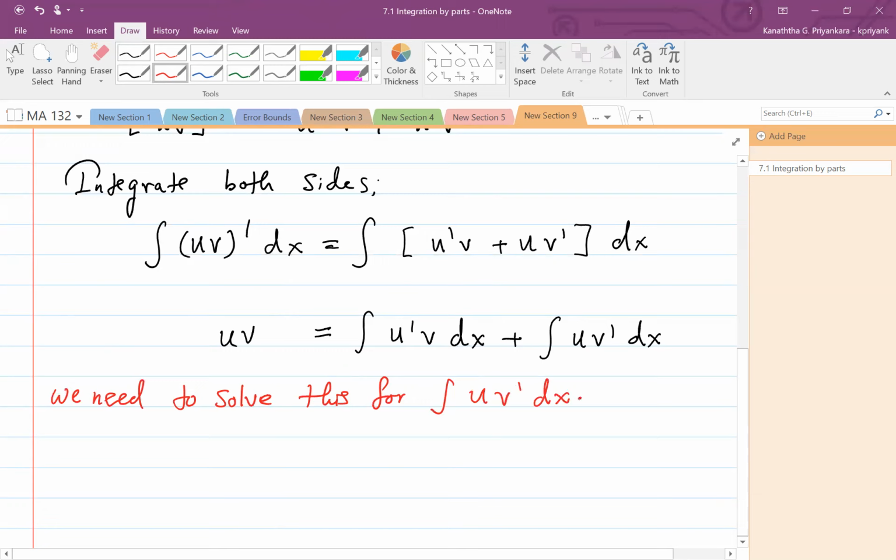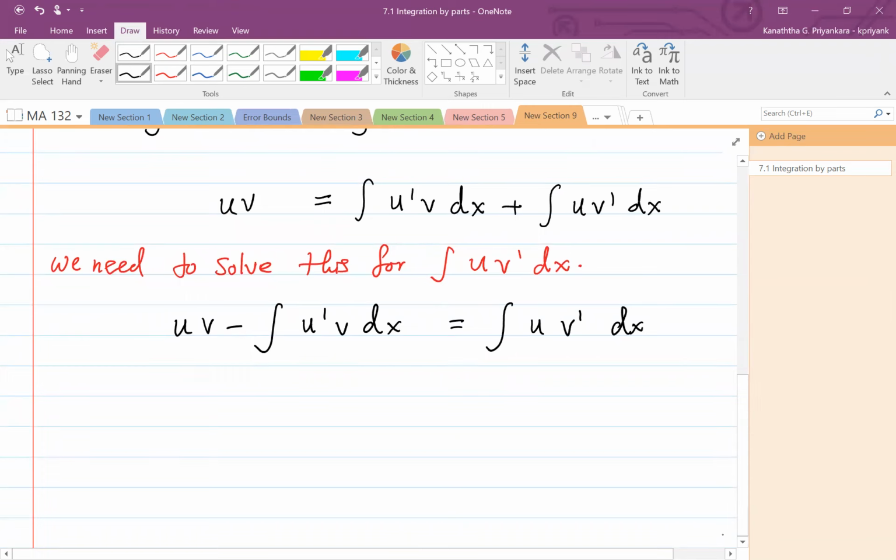So what I'm going to do, I will subtract both sides by the integral of u prime v dx. Then we can get the formula for the integral of u v prime dx. So we have uv minus the integral of u prime v dx, that is the integral of u v prime dx.